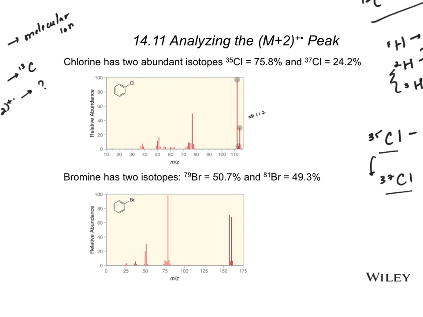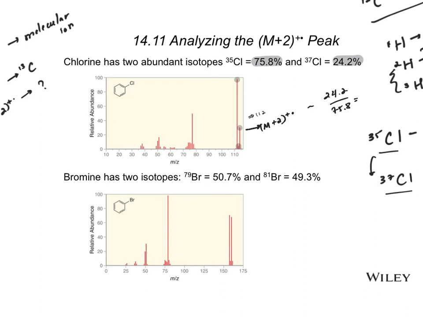Now, if we go back to these percent abundances, we find that chlorine-35 has a percent abundance of 75%, whereas chlorine-37 has a percent abundance of 24%. So if you do have chlorine in your molecule, this M+2 peak is going to be approximately 24.2 divided by 75.8, which is approximately 1/3 of your molecular ion peak.